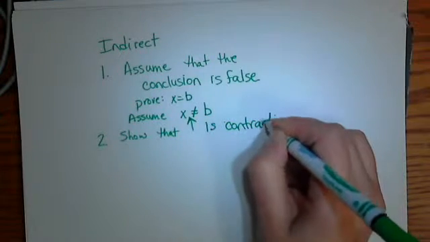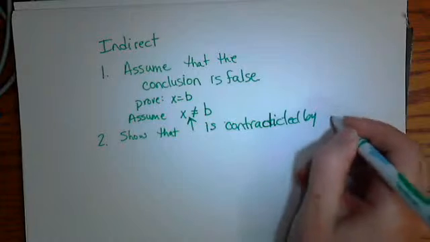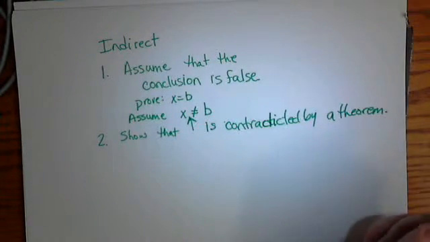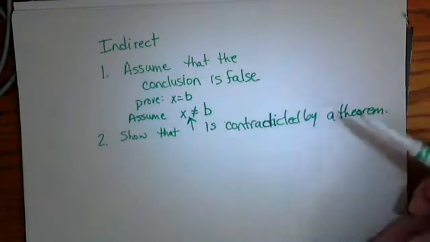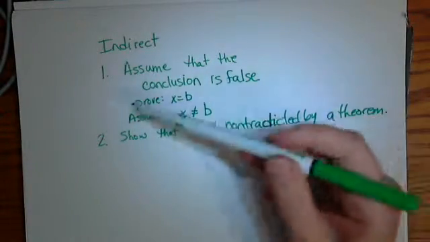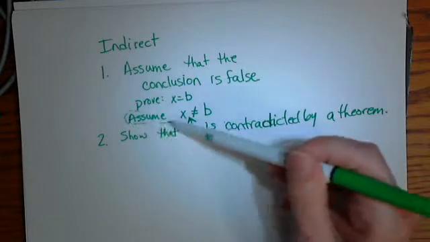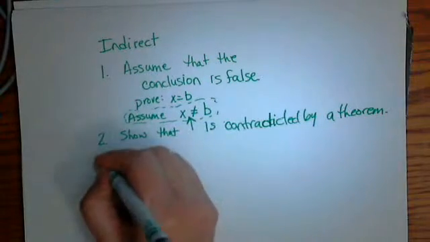Contradicted by a theorem, or a postulate, or a definition, or some other given information. We're going to back up and say that whatever it is that we assumed here is going to be contradicted by some other piece of information that we have.